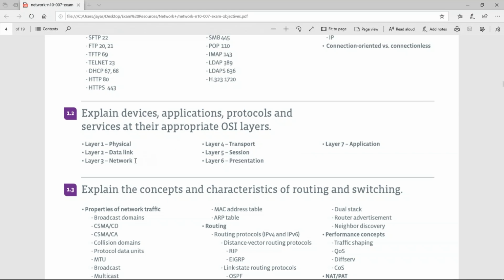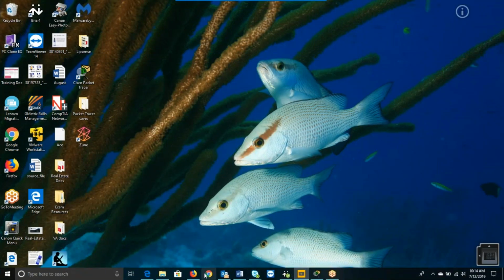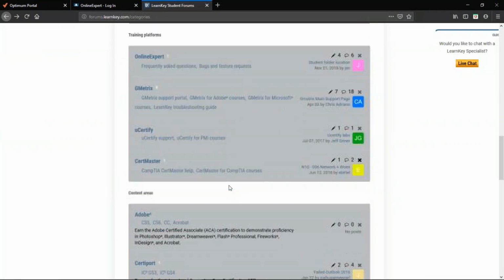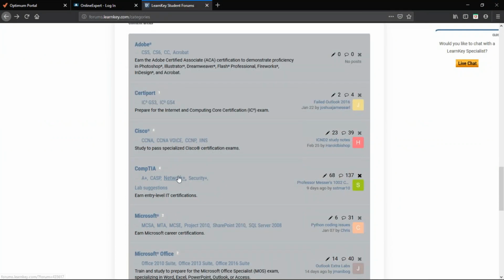You're just like, okay, are we having a problem at layer 3 or layer 5? So let me point you towards a document that is in the forum here. It's under the Net Plus section, and it's just a little graphic, and it will help clear some of that up. It'll help you kind of memorize what's going on.